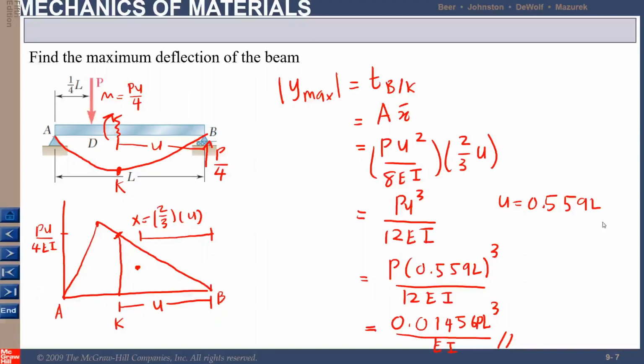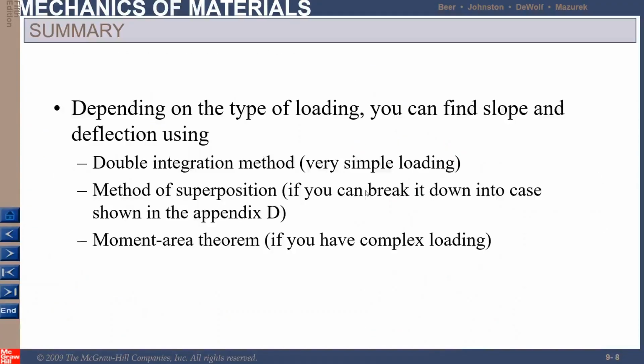In summary, depending on the type of loading, you can find the slope and deflection using three different methods. If you have a very simple loading, you can use the double integration method. If you have loading which you can break down into cases shown in Appendix D, you can use the method of superposition.